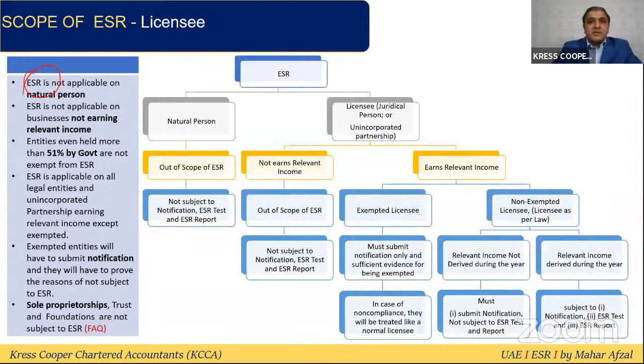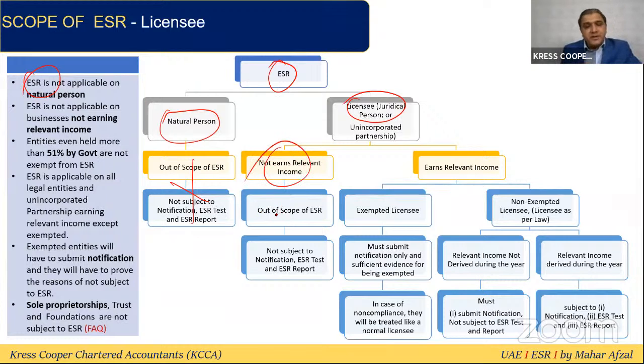So if we are summarizing the discussion, we can say there is an ESR. In this ESR, there is a natural person, or it can be a juridical person as well. If this is a natural person, it will be out of the scope of ESR. If this is a licensee, juridical persons or unincorporated partnership, it depends whether this juridical person or unincorporated partnership is earning any relevant income.